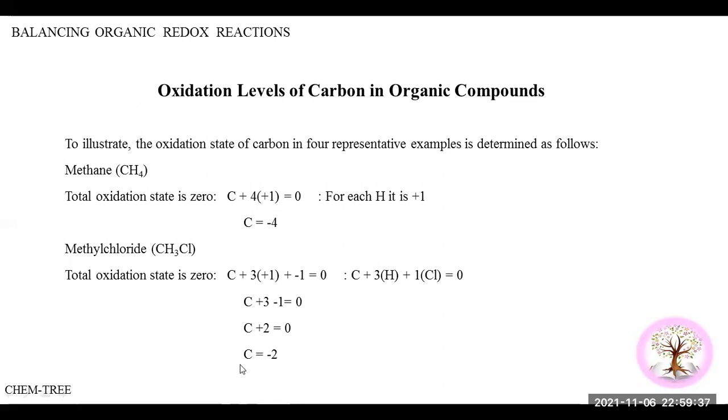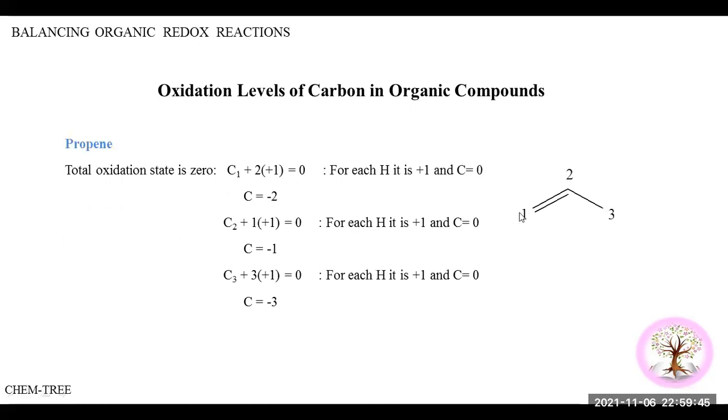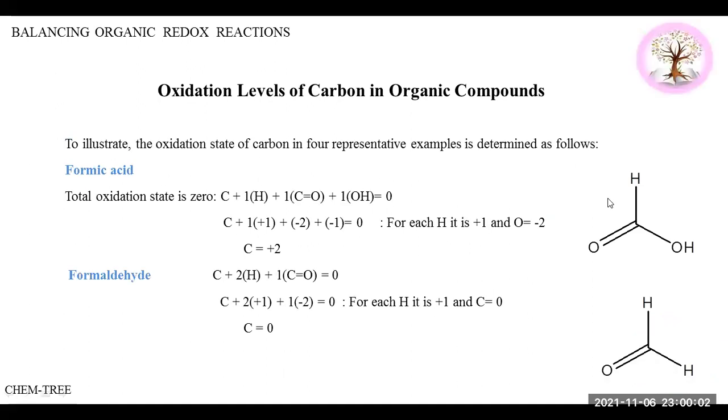By solving, you will find that carbon has -2 oxidation state in methyl chloride. Similarly, for propene, labeled with carbons 1, 2, and 3, the oxidation state of carbon 1 is -2, carbon 2 is -1, and carbon 3 is -3.